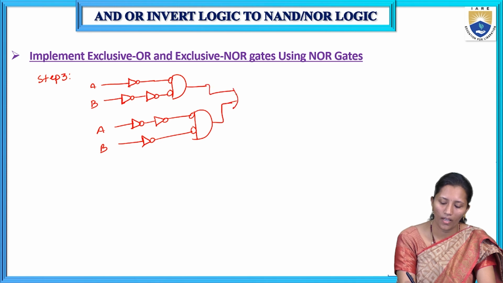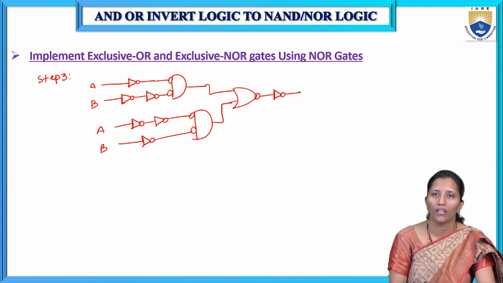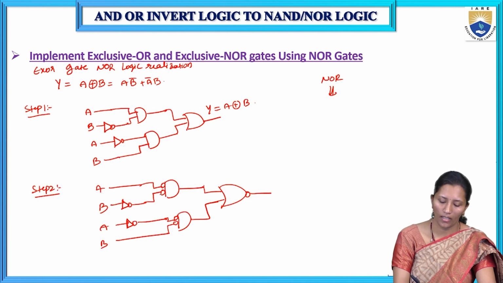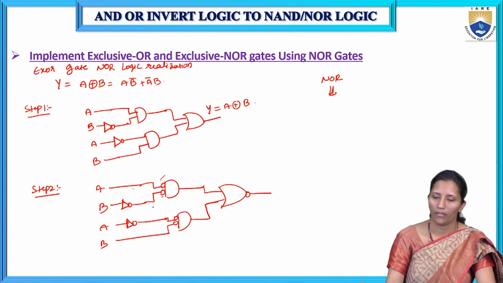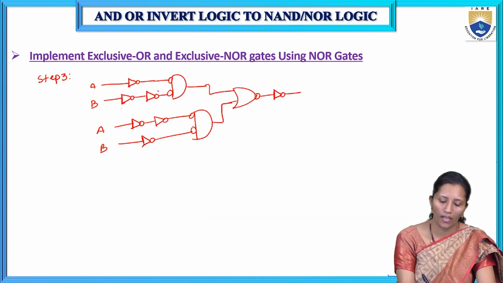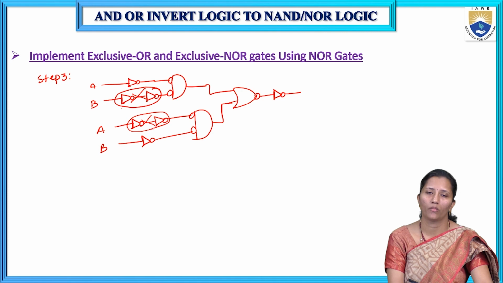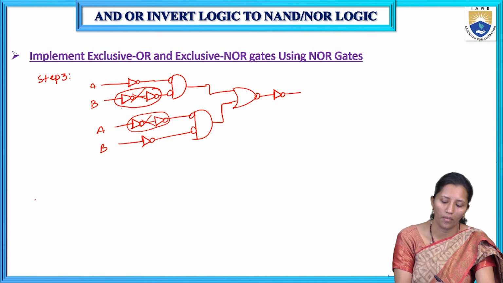For the OR gate, we added a bubble at the output side, so in that line we have to add one inverter. Here, if we are adding a bubble in this line, we have to add one inverter here. Here already one inverter is there, and we are adding one bubble here, so we have to add one inverter. So in this line we have got two inverters, so we should eliminate these two inverters. If we have back-to-back inverters in the same line, we have to eliminate them.